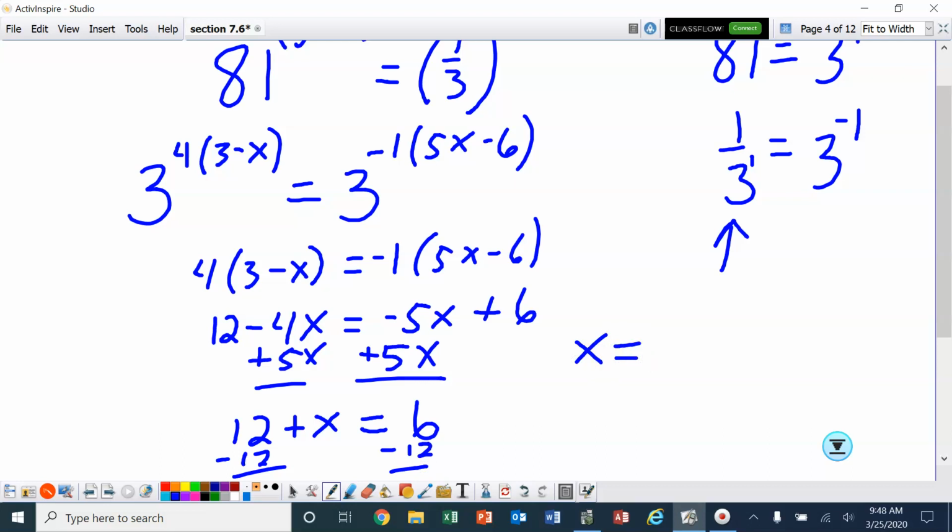And I believe we end up with x equals -6. Hopefully I did the algebra correct on that one. And you could check it if you need to.